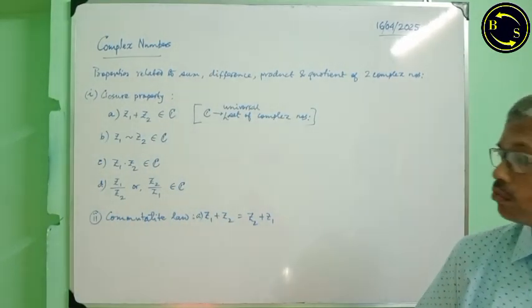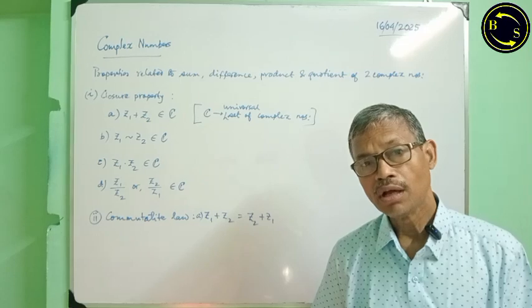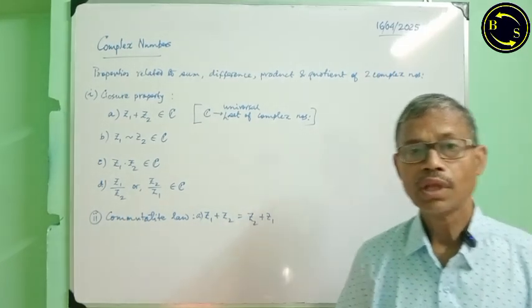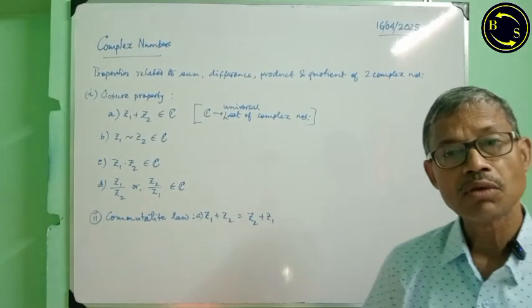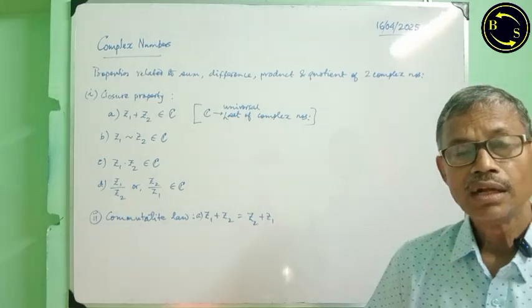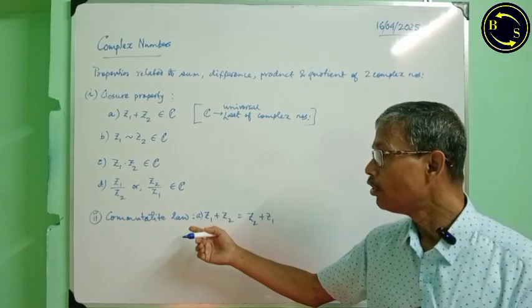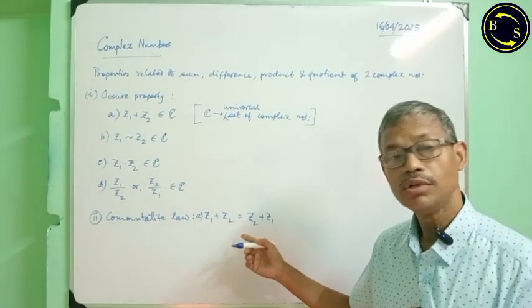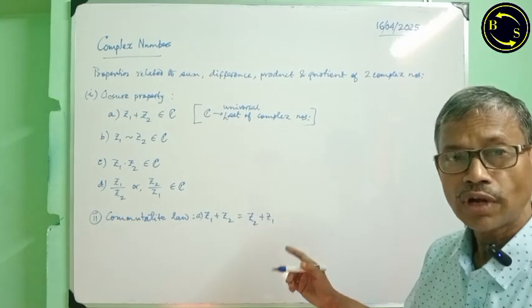Already you have learnt in lower classes, in real number system, A plus B is equal to B plus A. Commutative law holds in case of sum or addition.